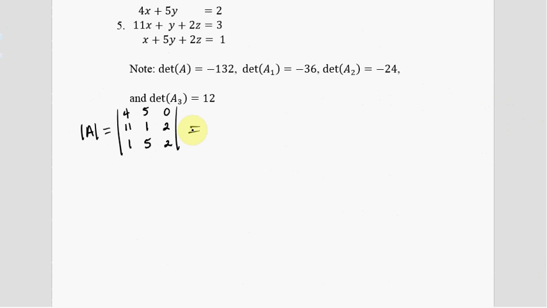So here, what I'm going to do is use cofactor expansion along the third column. I'm going to get rid of one of these 2's and then proceed from there. So I'm just going to say negative times row 3 plus row 2.